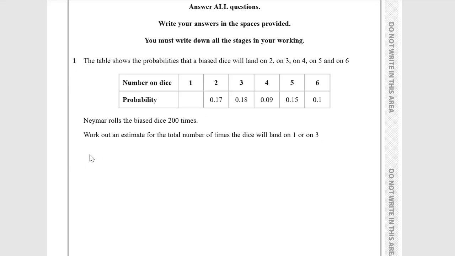So we know that the entire probability is going to equal 1. So we have to add this up. P1 plus P2 plus P3 plus P4 plus P5 plus P6.